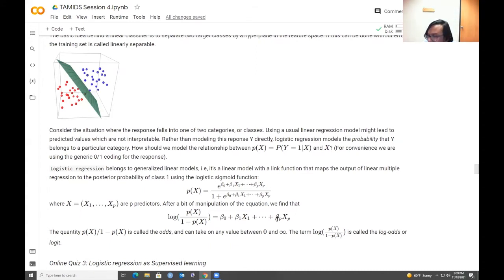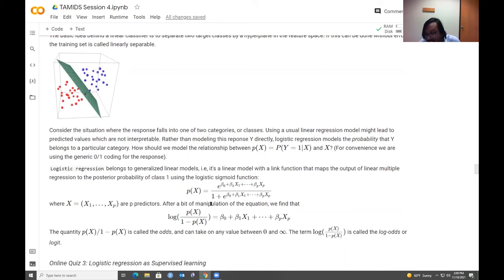So we started with a response variable that takes only two values, 0 and 1, and somehow we ended up with a function, log of p of y equal to 1 given x by 1 minus p of y equal to 1 given x, that is continuous and that can be pretended to be the response of a multiple linear regression. Look at the right-hand side, and that is the same thing as the right-hand side of a multiple linear regression.